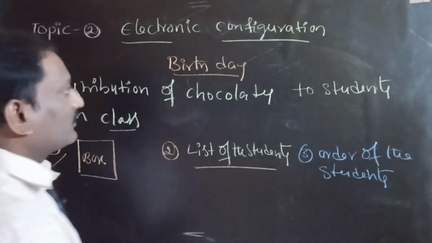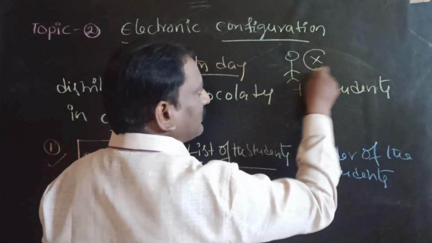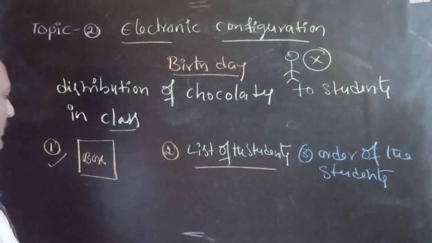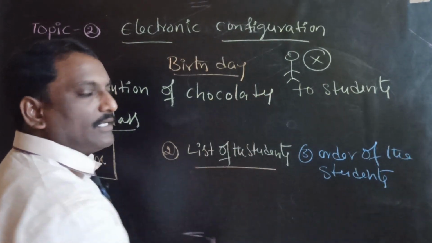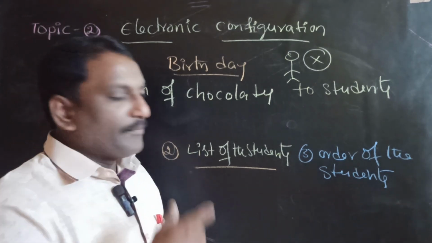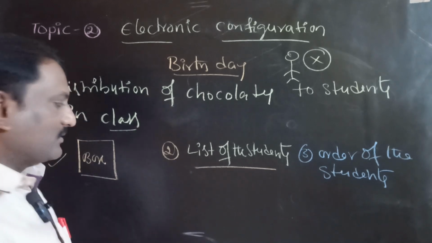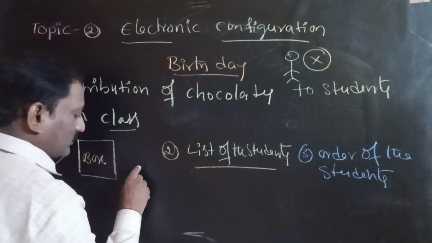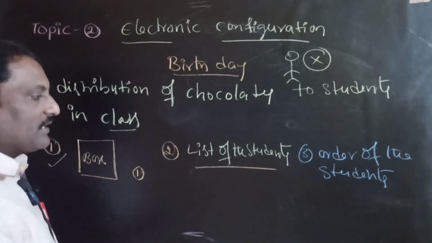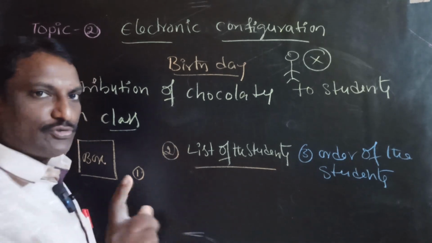Next one, list of the students. Let us assume it is the birthday of X. X is going to celebrate her birthday. She has prepared one list before the distribution of chocolates in the class. Let me write. First, those names that start with letter S, she would like to give 2 chocolates.